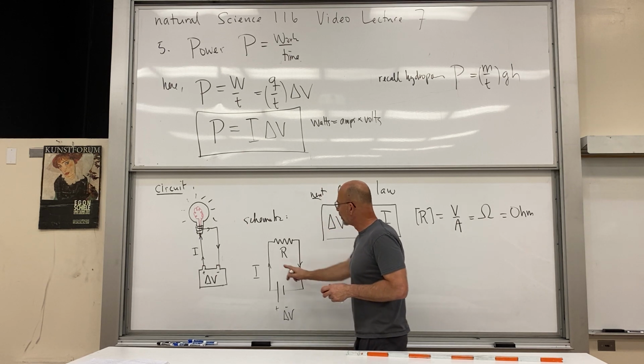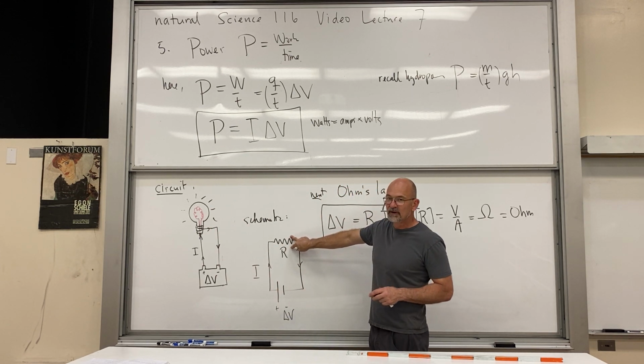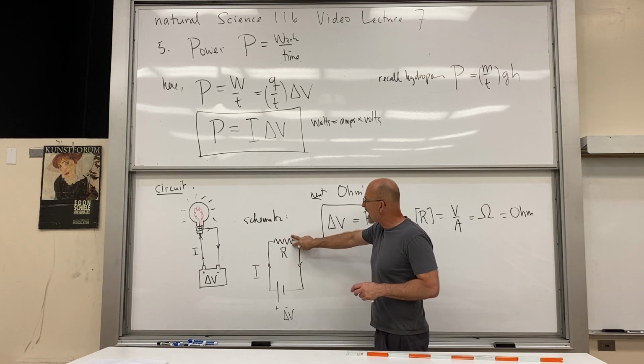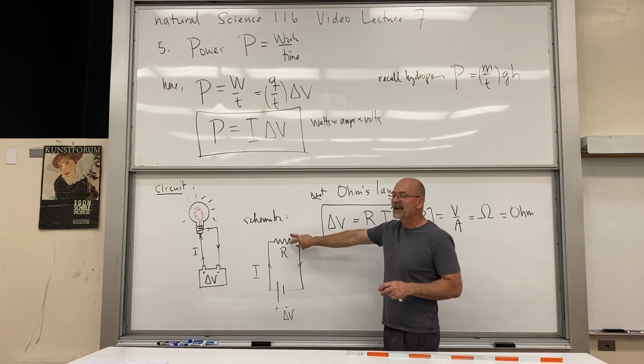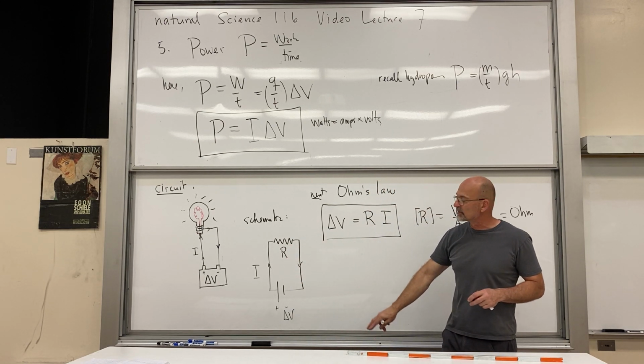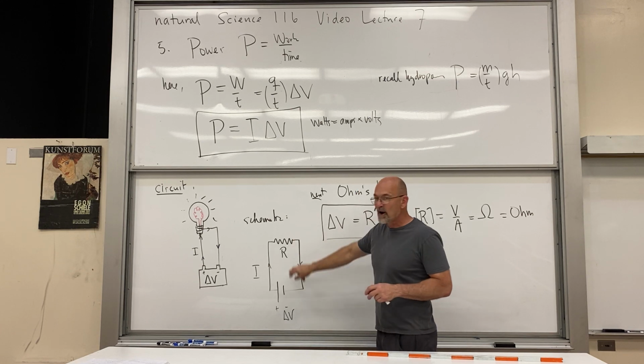Okay, so these are one and the same circuit. So apparently it's a resistor that gets hot, and in this case radiates heat and light. So resistors get hot, which is to say resistors actually are the place in this circuit where the power is dissipated.